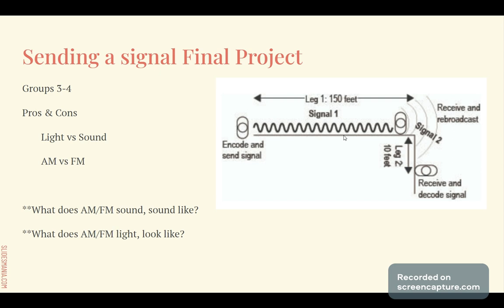It might be hard to switch the color of your light. For the sound, it might be hard to switch the pitch, or the person receiving those sounds might be tone deaf and not able to tell what's a higher pitch or a lower pitch. So these are all things that you are going to have to figure out in your groups and work around and solve.